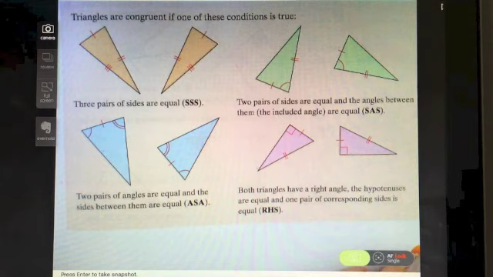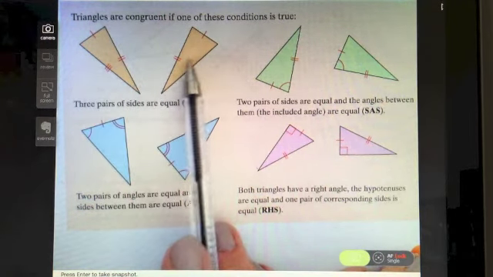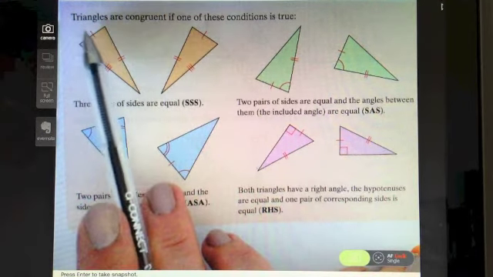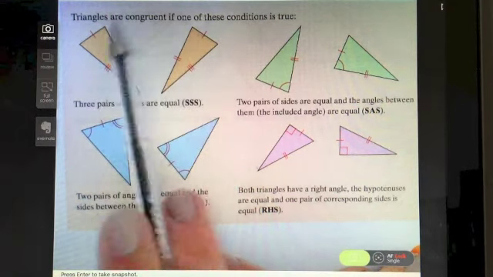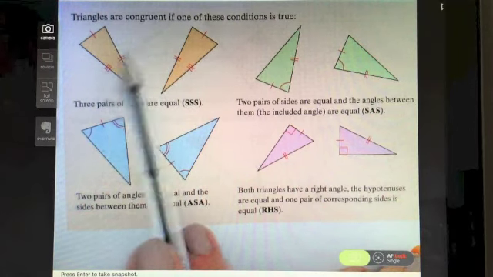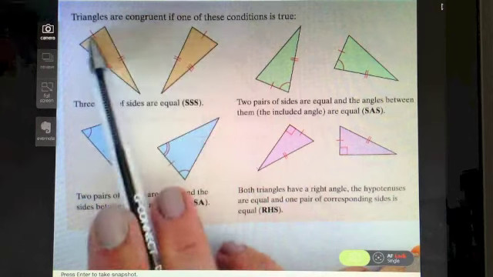So, for example, if you are able to prove in two particular triangles that each of the three sides are equal to each other, that one's equal to that one, that one's equal to that one, and that one's equal to that one. Note the dashes here. If you have the same amount of dashes on the sides, it implies that they are equal. So this dash equals this dash, so that side equals that side.